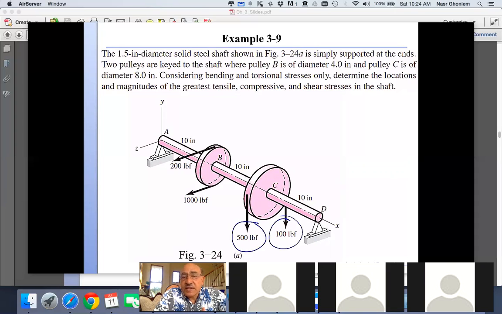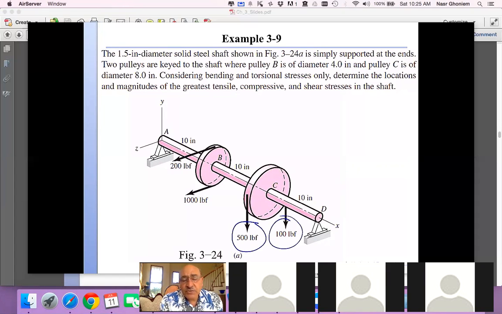We can say the loose side is, let's say, 15% of the tight side, or 10%, or any percentage. Or they can give us both the tight side tension and the loose side tension, as you can see here. So the tight side is 500 and the loose side is 100, and we have the pulley diameter of 8 inches.